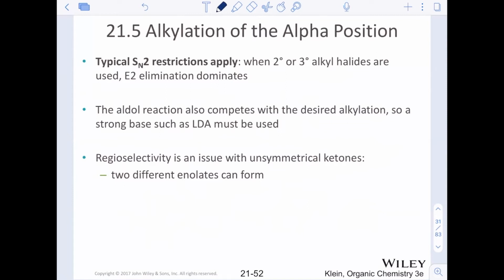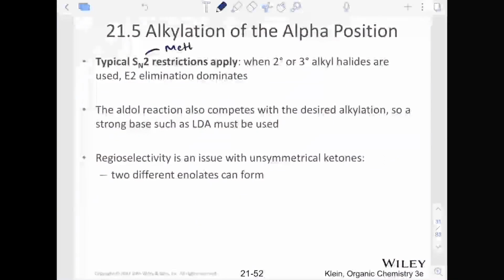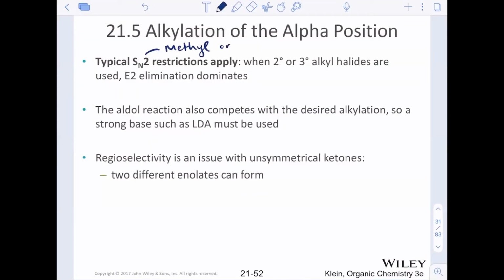So when we're thinking about what to bring up in our second step here, we're going to stick with methyl halides or primary halides. Okay?